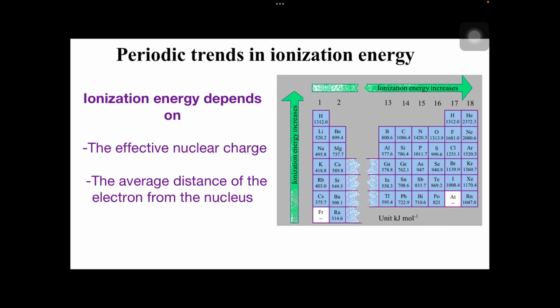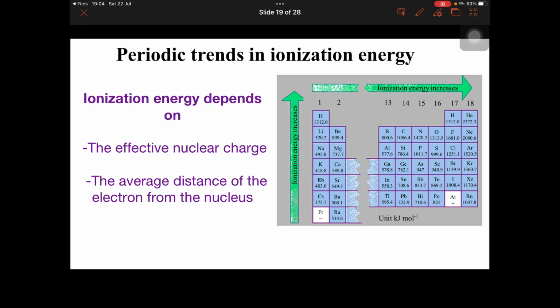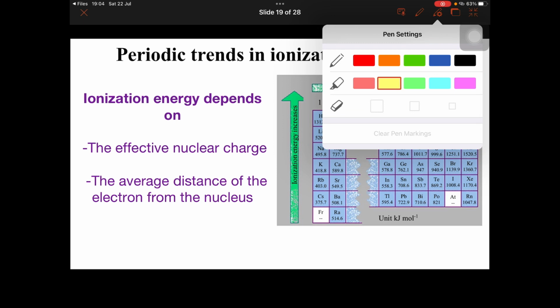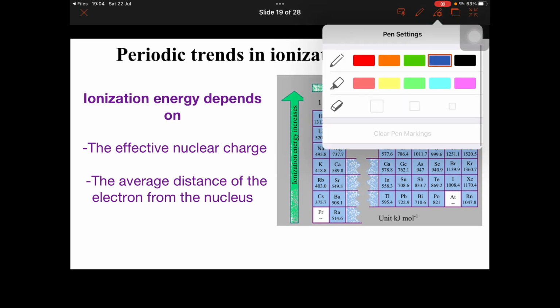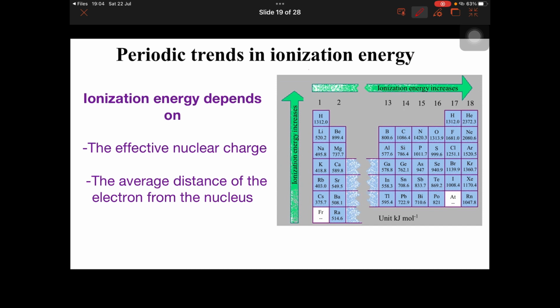The reason is that the effective nuclear charge, Z effective, increases. As a result, the atomic radius decreases and the valence electrons are attracted more towards the nucleus. So that's the reason why it's hard to take off.